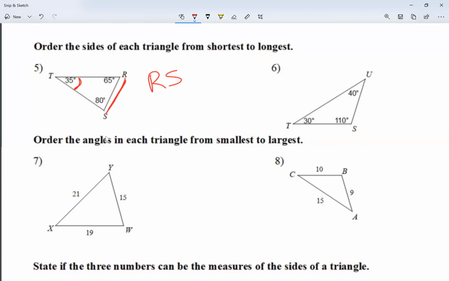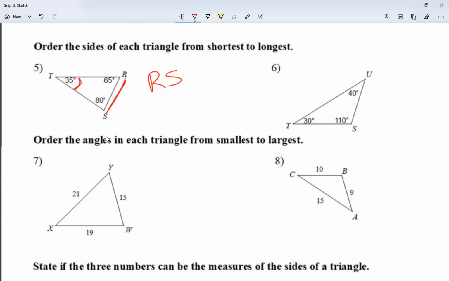The order of my letters does not matter. If you call it RS or SR, same thing. The two letters that make that segment, it's RS or SR.